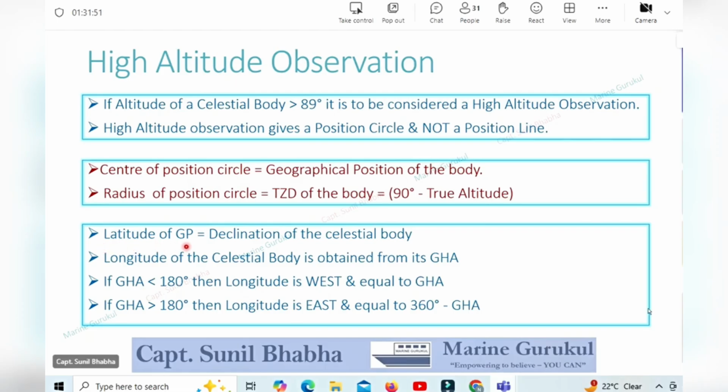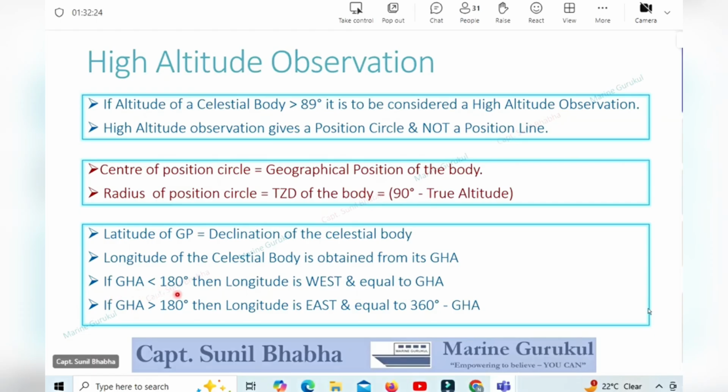The latitude of the geographical position is equal to the declination of the celestial body, the magnitude as well as the name. Whatever is the magnitude and name of the declination, the same will be the magnitude and name of the latitude of the geographical position. The longitude of the GP is obtained from its GHA.